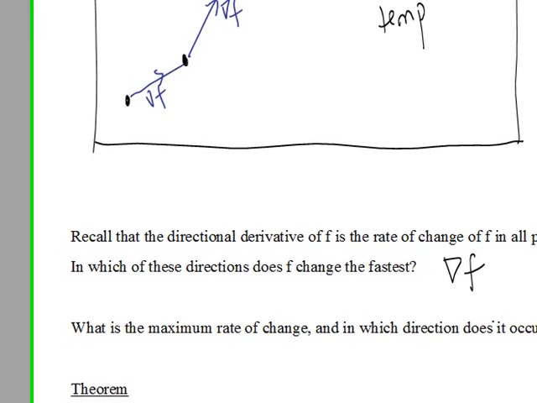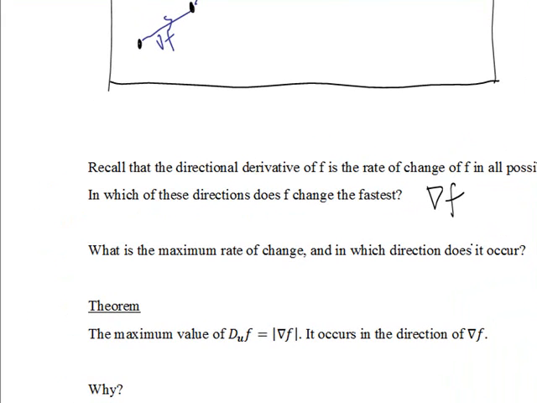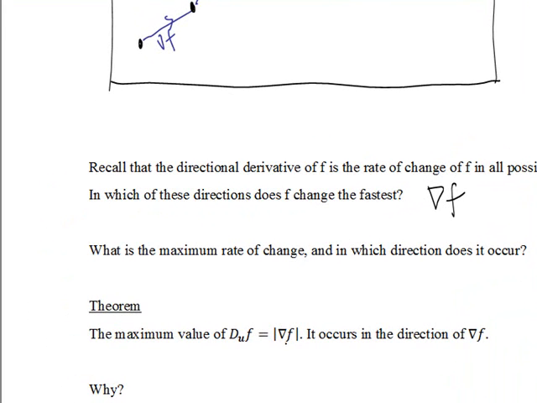Remember, rate of change is directional derivative. The maximum value of the directional derivative is the length of the gradient, and it occurs in the direction of the gradient. Now, the latter part should make sense to you because we're looking at maximum rate of change, right?